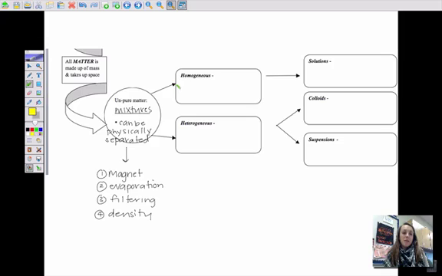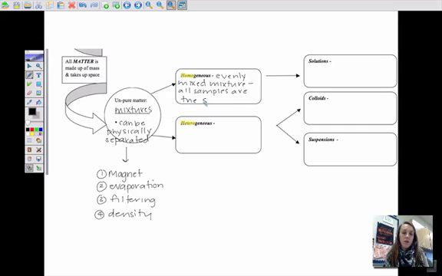There are two types of mixtures. There's homogeneous and heterogeneous. Now these are Greek roots. Homo means same. So a homogeneous mixture is an evenly mixed mixture where all samples are the same.